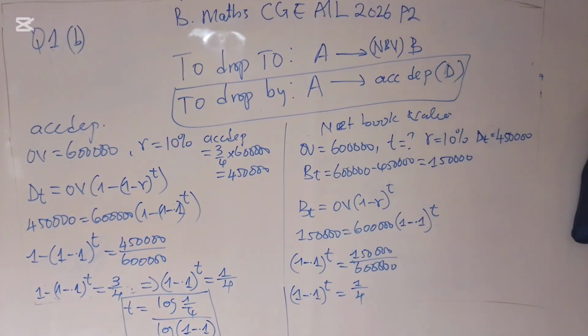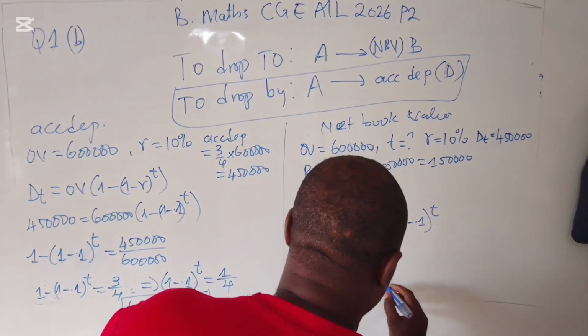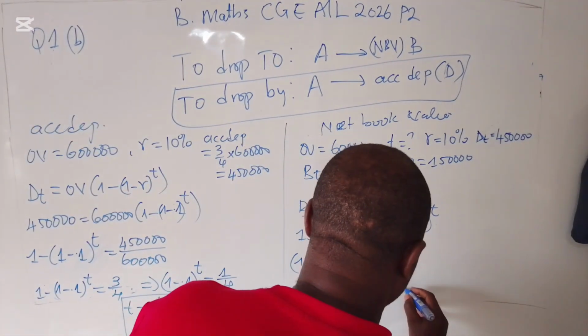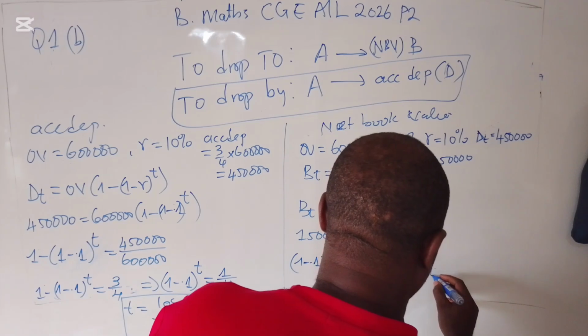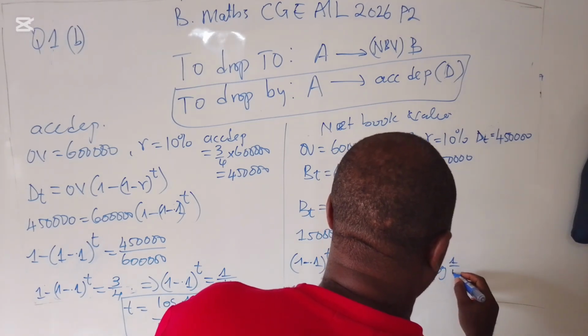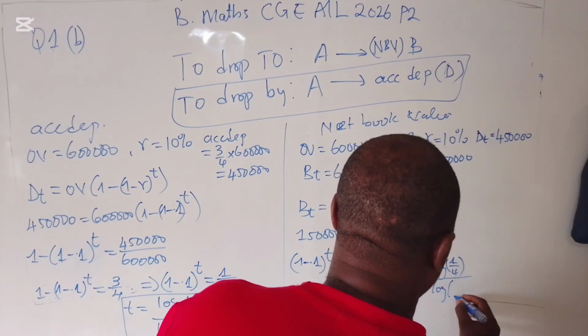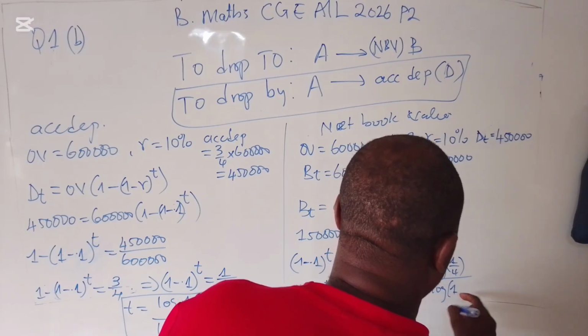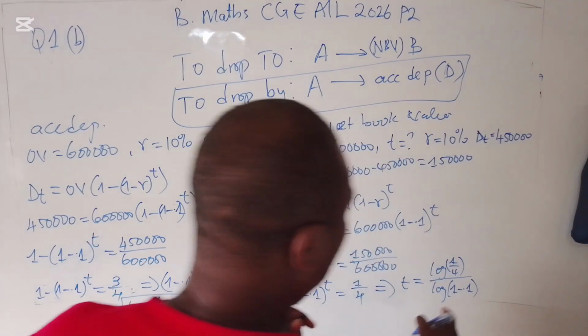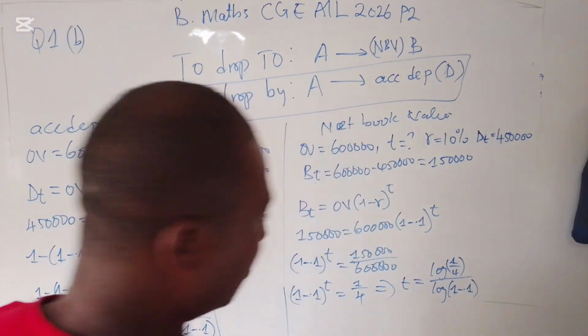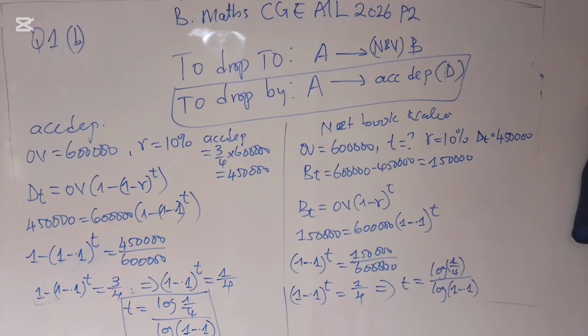So we are getting to the same thing. This implies that T is equal to log of 1 over 4 divided by log of 0.9, as 1 minus 0.1 is 0.9. Then that will be the exact value of T.